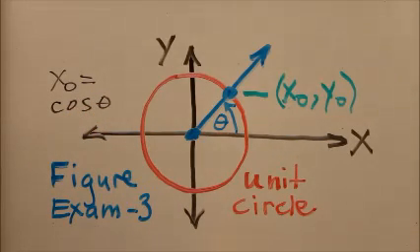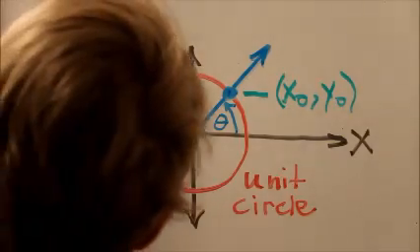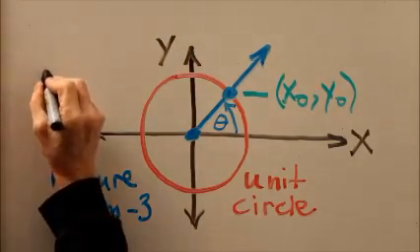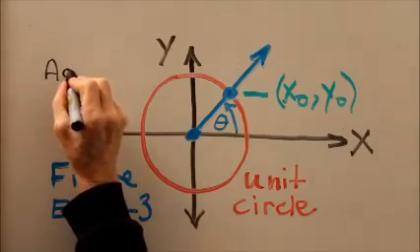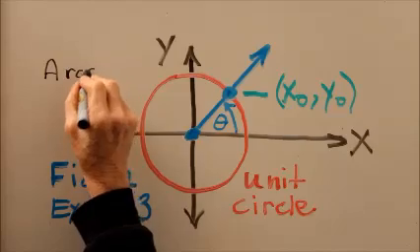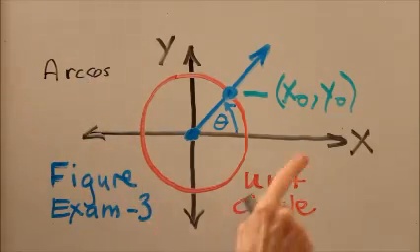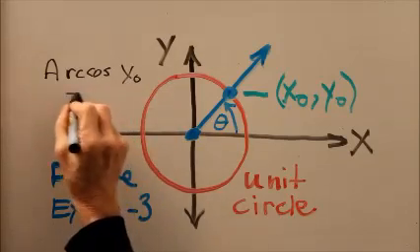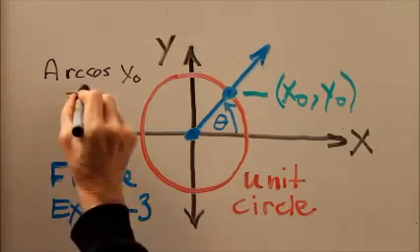So we can rewrite that as the arc cosine of x sub 0 equals theta.